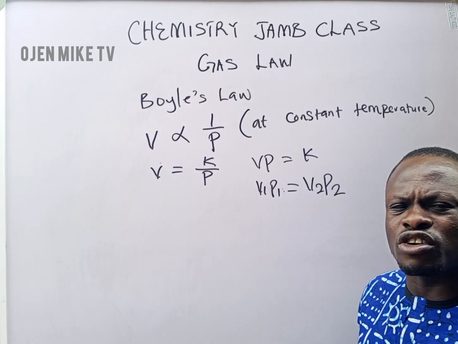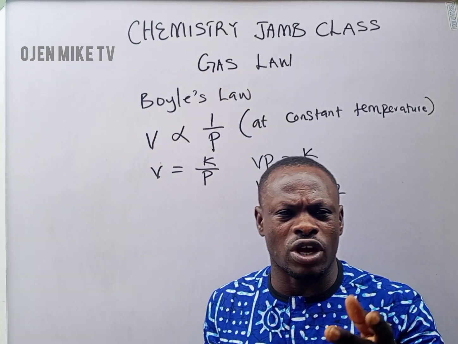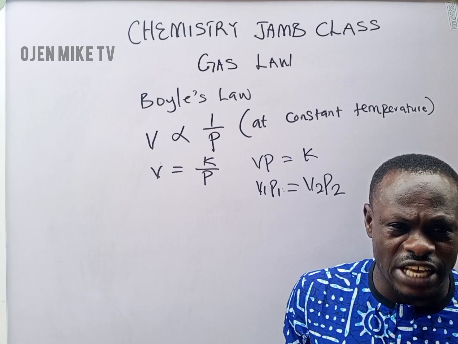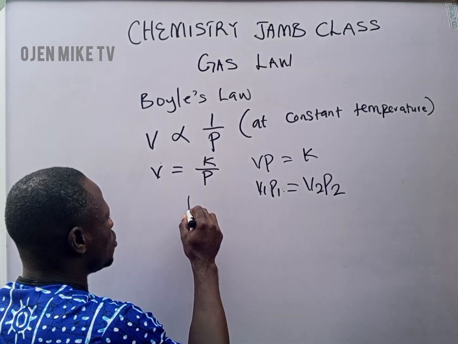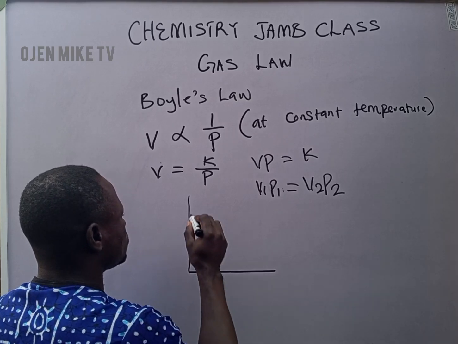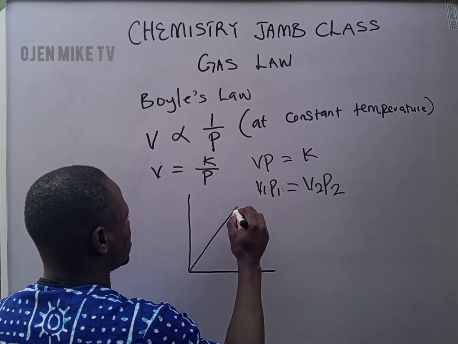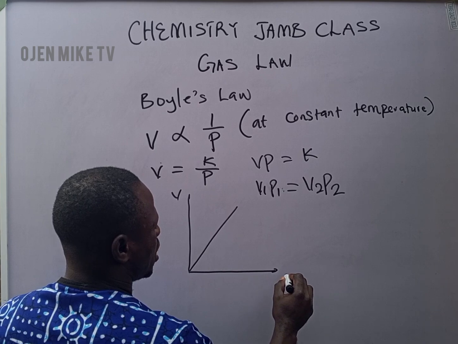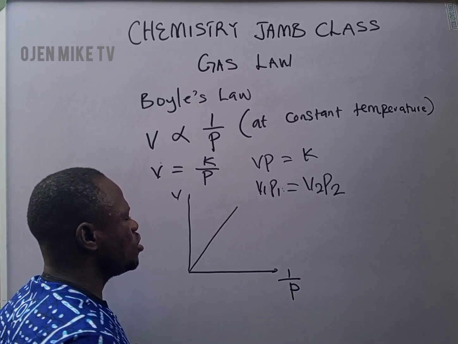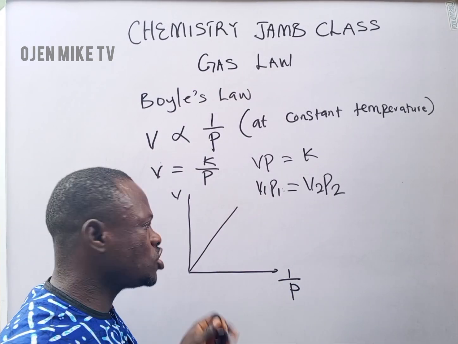Now, graphical representation of Boyle's law. You can see this kind of question in your exams. Graphically, Boyle's law can be represented as, you draw a graph like this, where this one is V, this one is 1 over P. If you see a graph like this, it is Boyle's law.